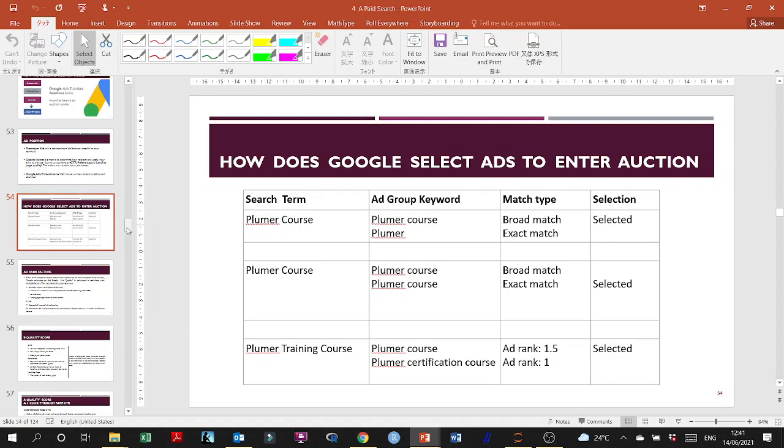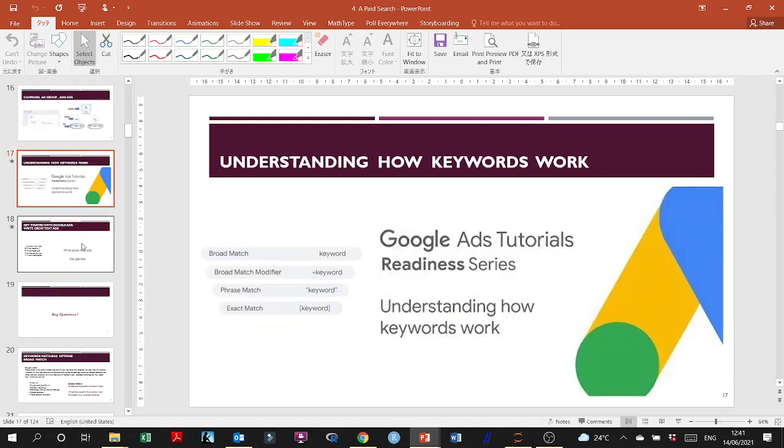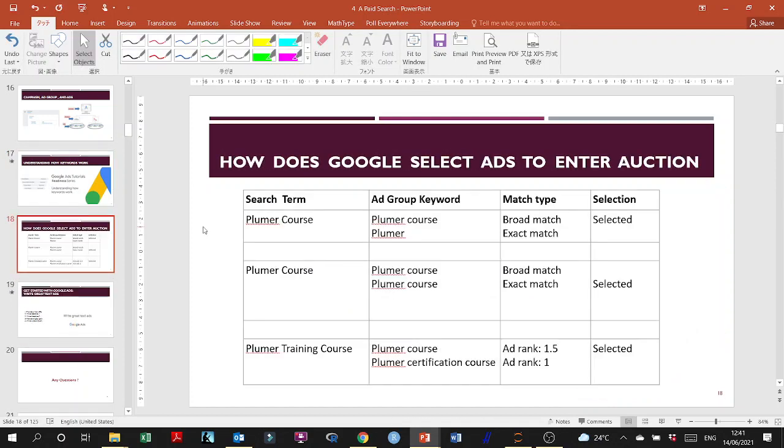Maybe I should bring this slide again here, right after the match types, so that you can also be reviewing this in a timely basis.